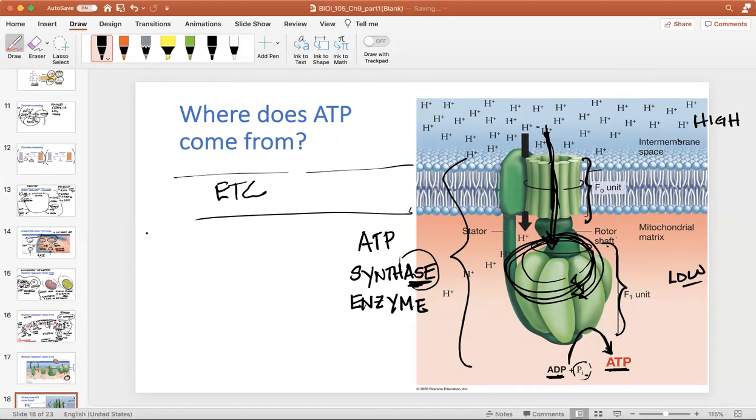So let's write that down. So use the hydrogen ion gradient. The hydrogen ions are going to go from an area of high concentration to low concentration. As they are moving from high to low concentration, they move through this ATP synthase.